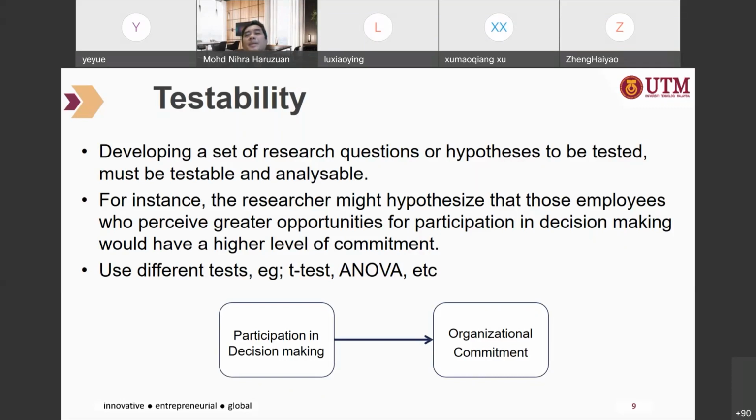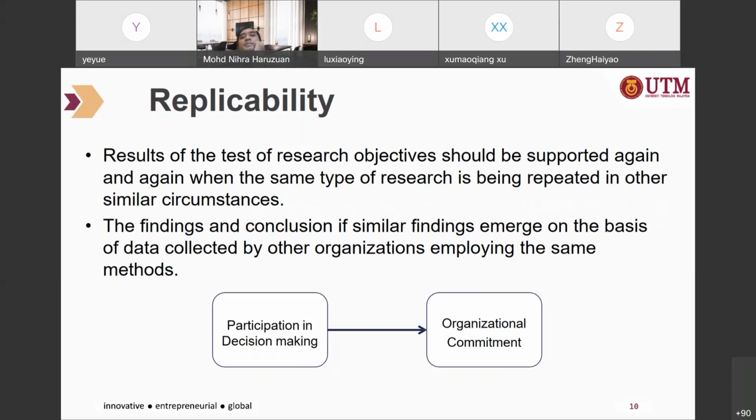How about replicability? Replicability means your research can be replicated in a different scenario or context. The result of the test of your research objective should be supported again and again, which means other researchers can replicate it.